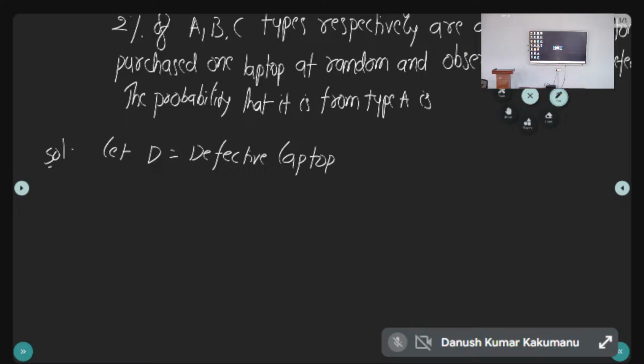What is the given data? Given. Type A, listen carefully. Given also.